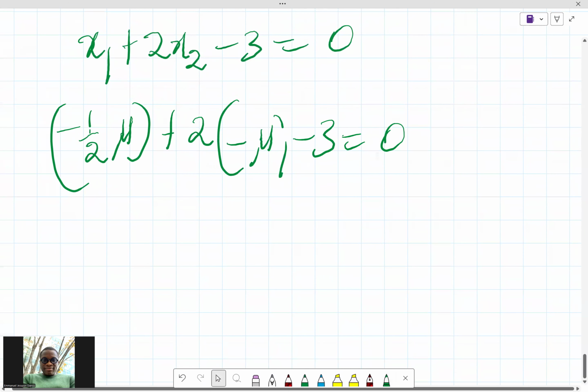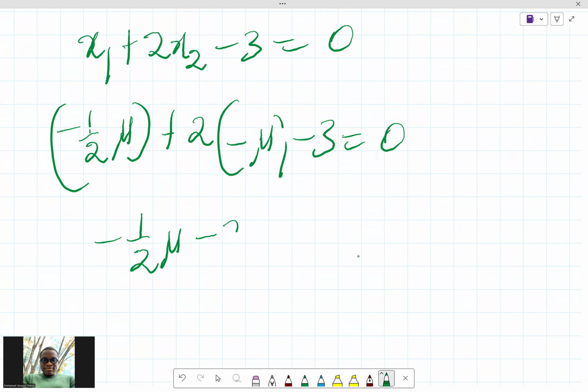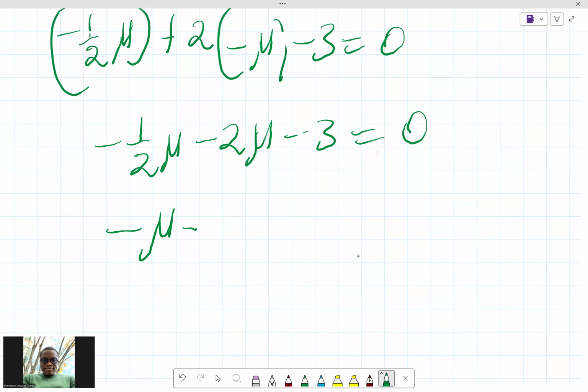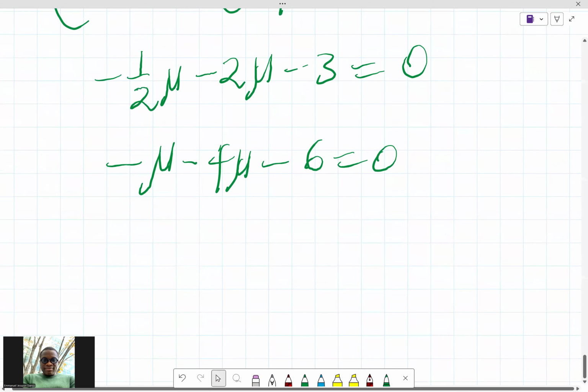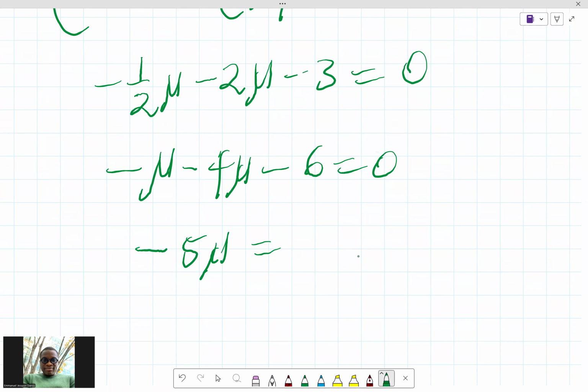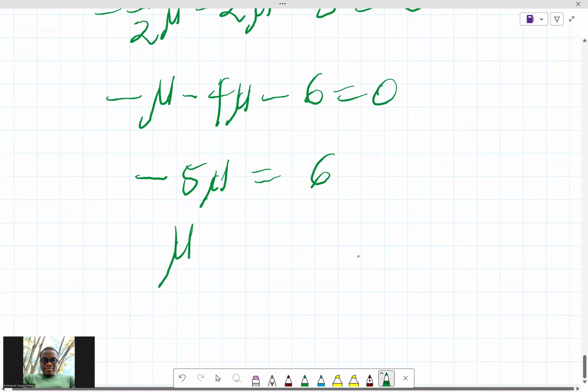So we can have minus half mu minus 2 mu minus 3 is equal to 0. We can multiply through by 2. So we have minus mu minus 4 mu minus 6 equals 0. So we're looking for mu, right? Minus mu minus 4 mu, that's minus 5 mu equals 6.